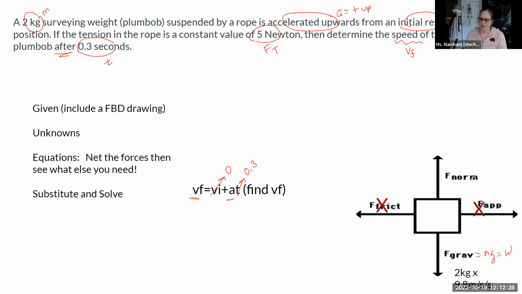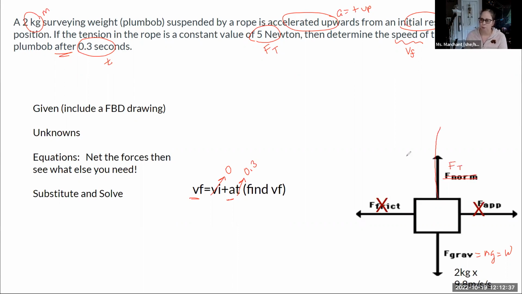Do we have a normal force? We don't. Why not? It's not resting on something. What is this though? This is going to be the force of the tension, because this is the rope that is holding it. So even though we don't have the standard 4 forces, we still do have a force of tension acting up and a force of gravity acting down.